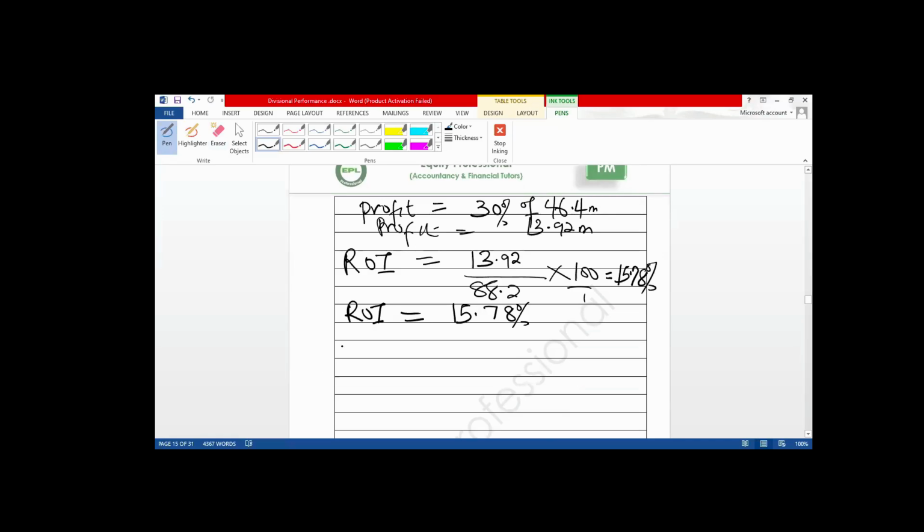Go to division Y. Capital investments, revenue generated, and net profit margin. This is 35%.